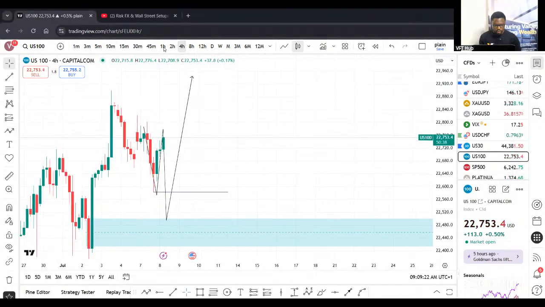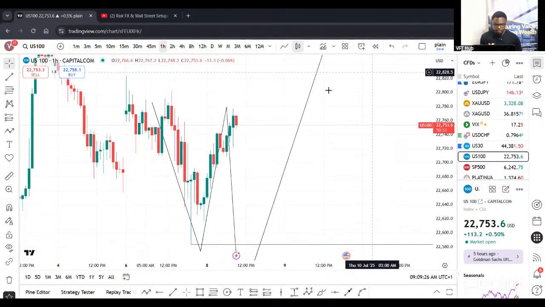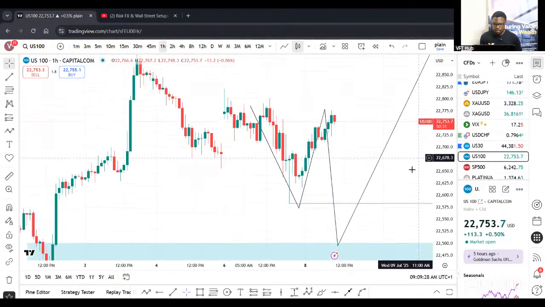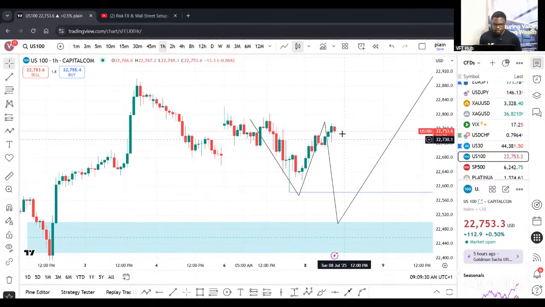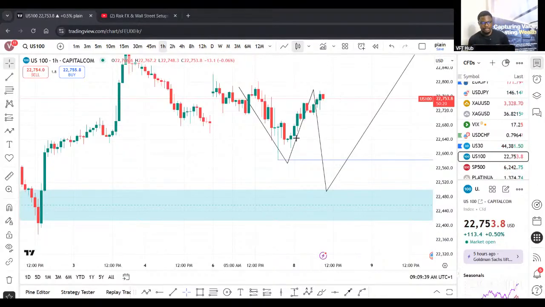I'm coming, box pattern. Yeah, I can see what you're saying. And sell off from this zone into this, right? Mr. Pips Don't Lie, I believe that's what you're saying. All right. Makes sense. It's still very valid.